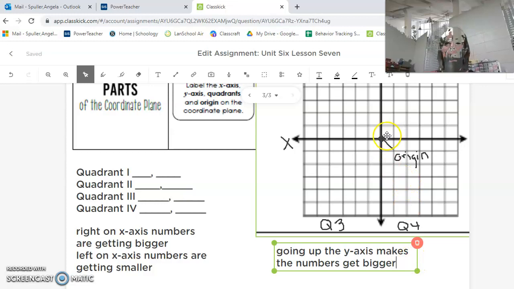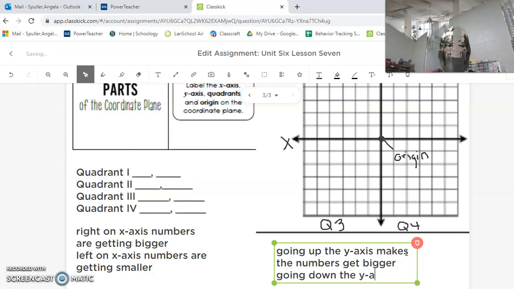Okay, so as we start going up, we're counting up. Going down the y-axis, the numbers get smaller. Okay, so up and to the right, numbers get bigger.